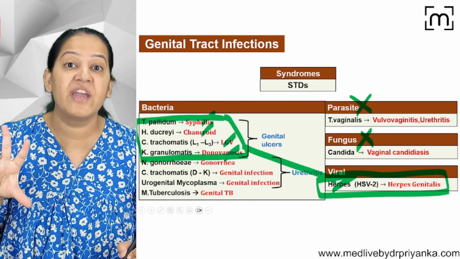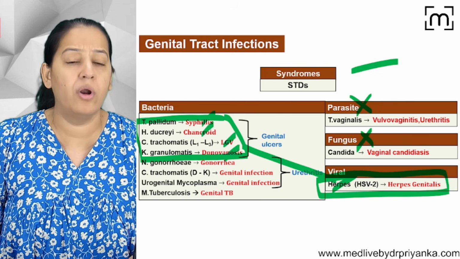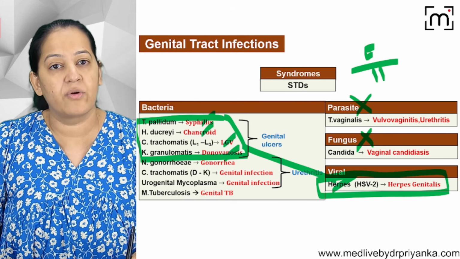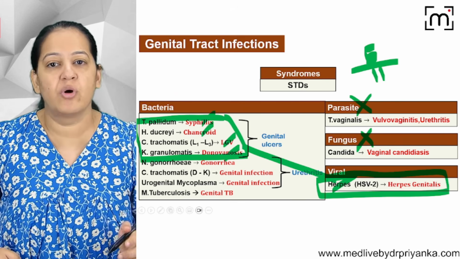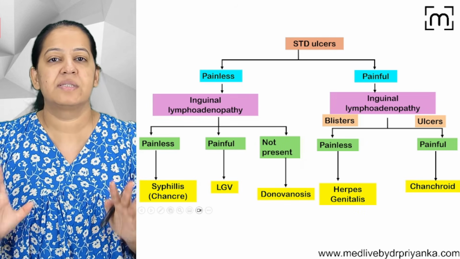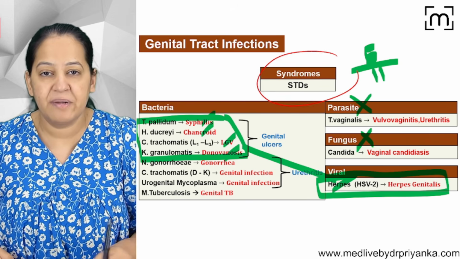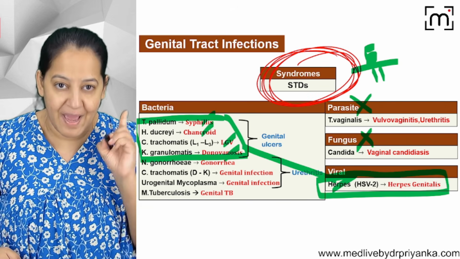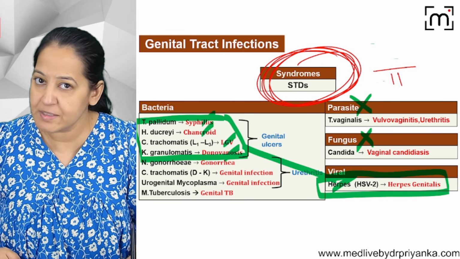So we are having 5 differential diagnoses because they cause ulcers, and among the 11 organisms, apart from these 5, the remaining of them, they cause infection, they don't cause ulcer. I hope you got it. So this is the approach to STD. I'm starting with the syndromes, people. I'm teaching you approach to STD. In the approach to STD, total 11 organisms are there.